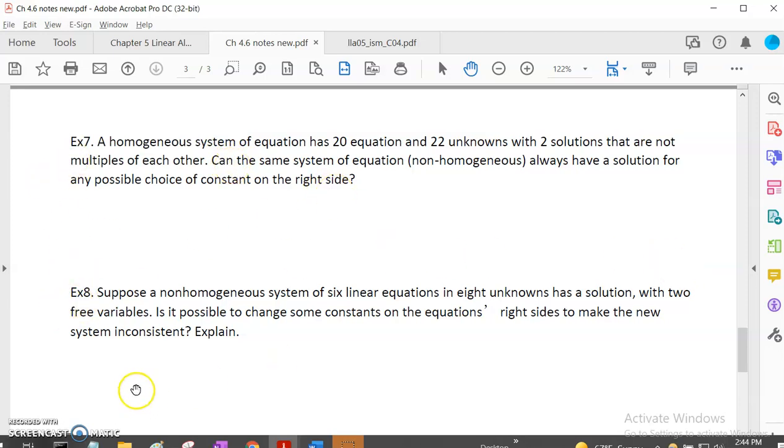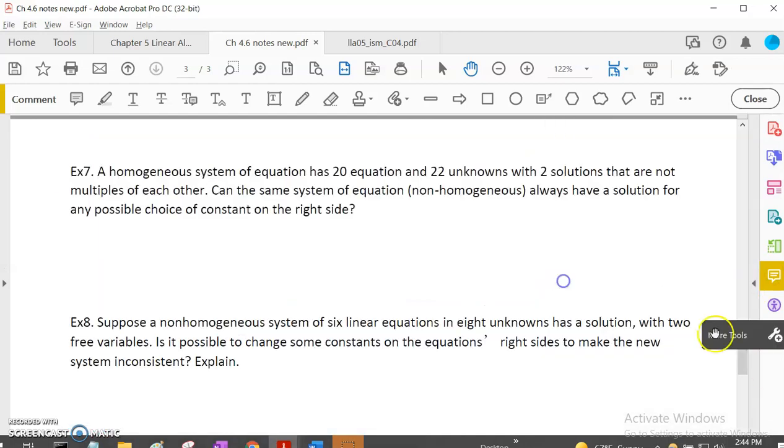To recap what we have learned so far, I want to write down the rank theorem. The rank theorem tells us that rank A plus the dimension of null A, for a matrix A, which can be a coefficient matrix for AX equal to B or AX equal to 0, is equal to n, the number of columns. And what is rank A?